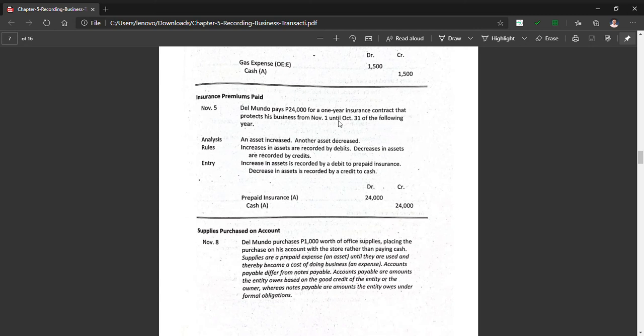Kasi, kapag nagbabayad tayo ng premiums under sa insurance, it's basically a prepayment para sa expense na may incur natin in the future. Okay, so we debit prepaid insurance kasi nga meron tayong prepaid asset. So we debit prepaid insurance 24,000 and we credit cash kasi nagbayad tayo using cash 24,000.